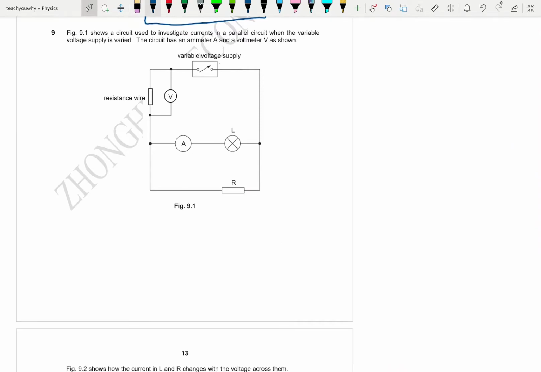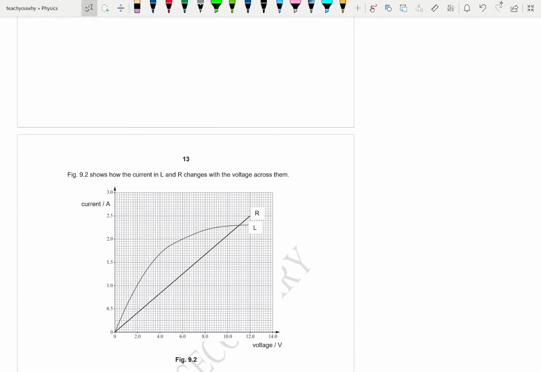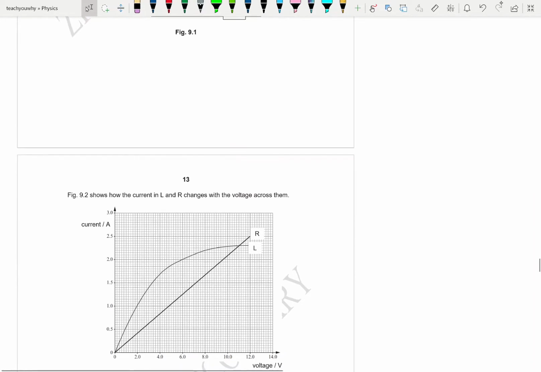Okay, now question 9. Question 9 shows a circuit used to investigate current in parallel circuits when the variable voltage supply is varied. The circuit has an ammeter A and a voltmeter V as shown. Okay, figure 9.2 shows how the current through L and R changes with voltage.